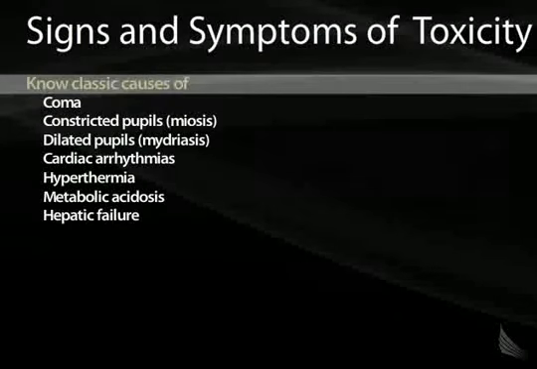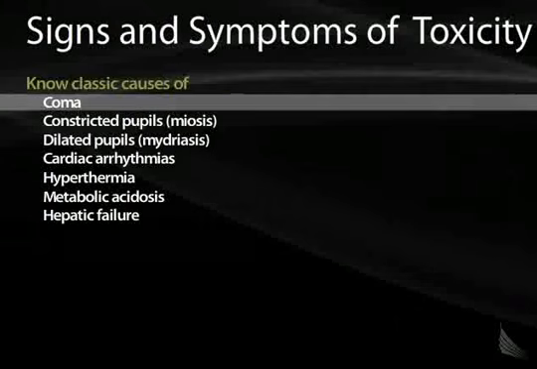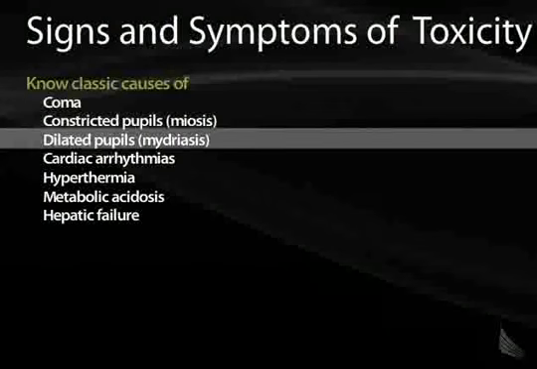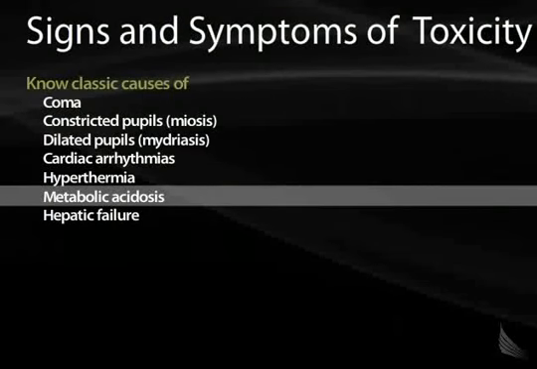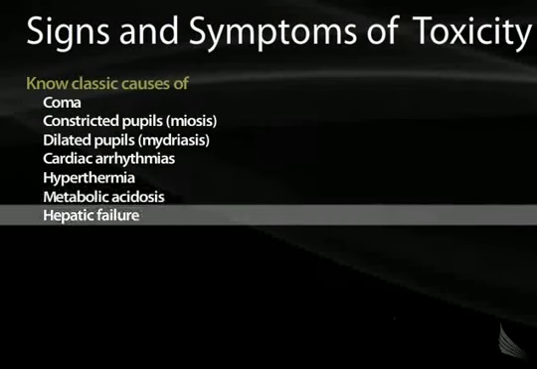It's important to know the classic causes of coma, miosis, mydriasis, arrhythmias, hyperthermia, metabolic acidosis, both gap and non-gap, and hepatic failure. These are commonly tested on USMLE.